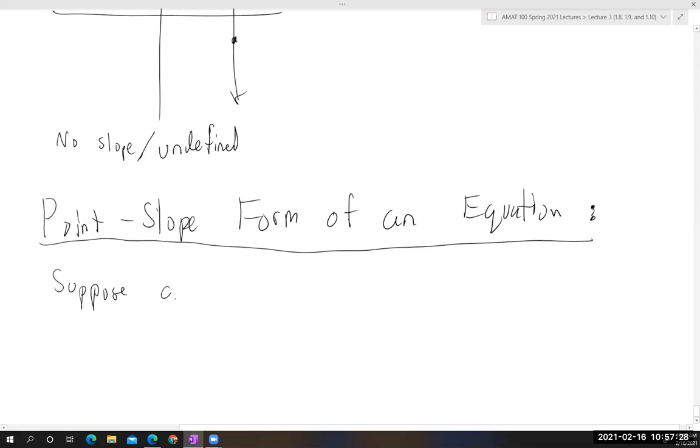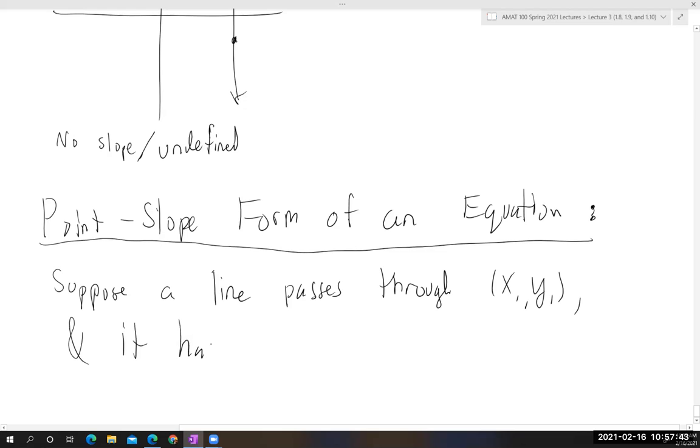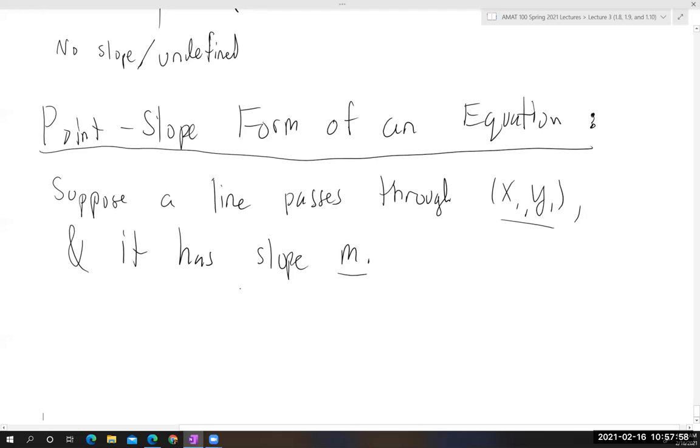Suppose you're given a line, and you know it passes through some point x1, y1, and it has slope m. So this is some point in the plane, and this is some slope you're given. It's a fixed number. It's already given or determined for you.